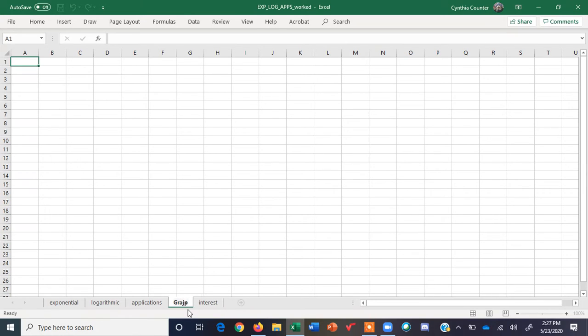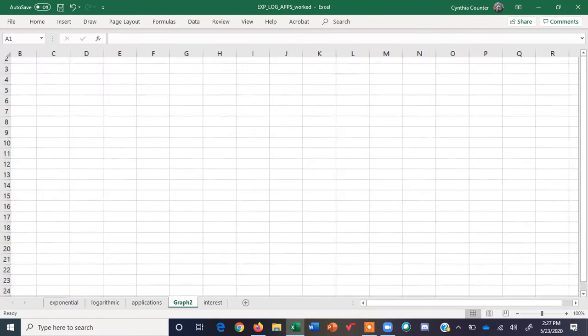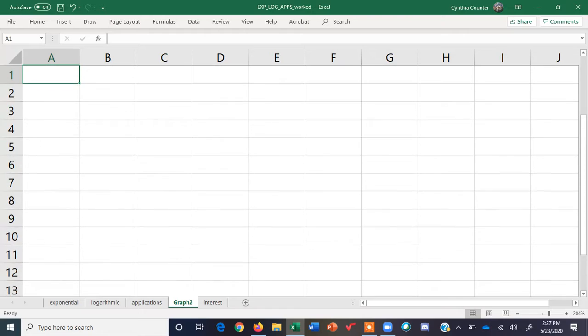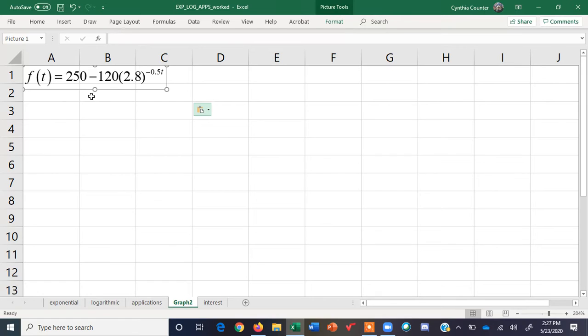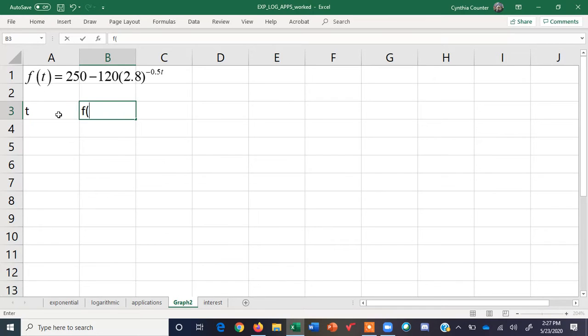I'll name this graph 2 because it's the graph for problem 2. I copied the formula so I could see it when I type the input that I will use to make the graph. So we're going to need values of t and values of f of t.